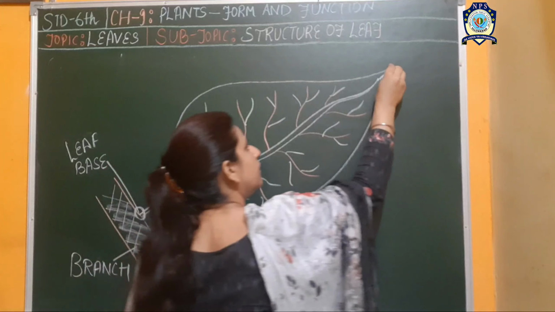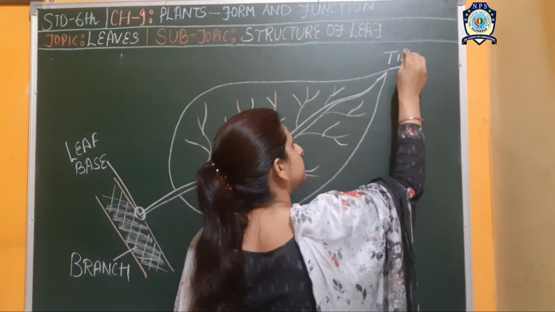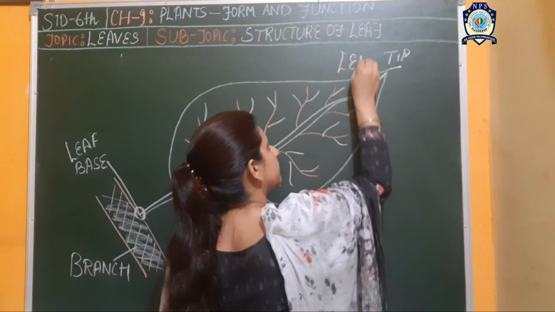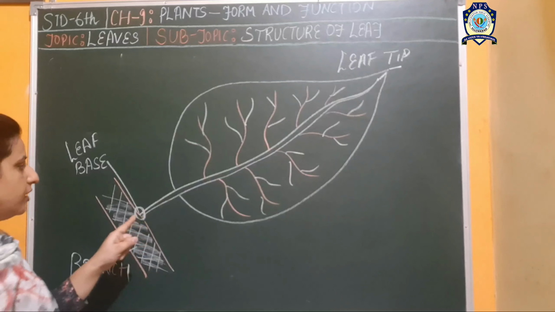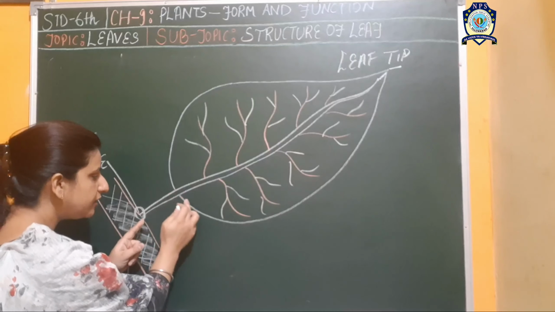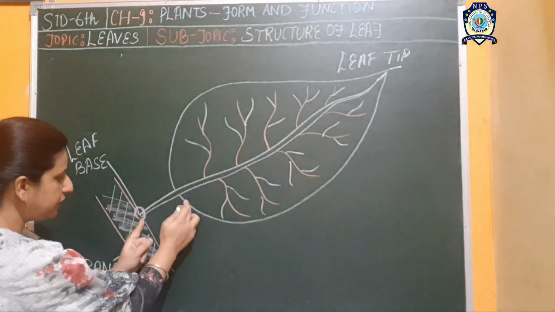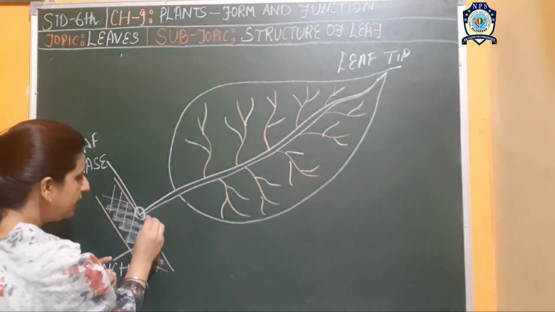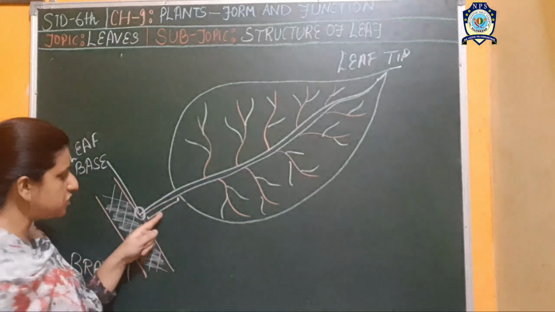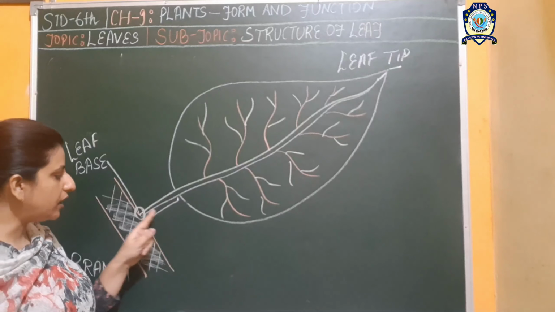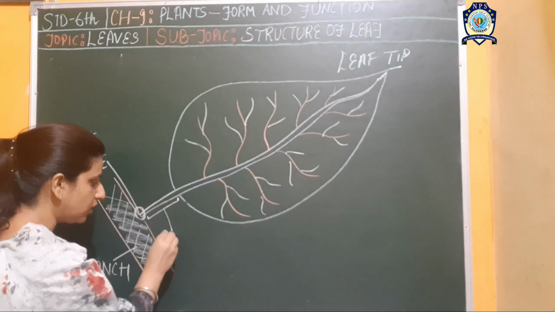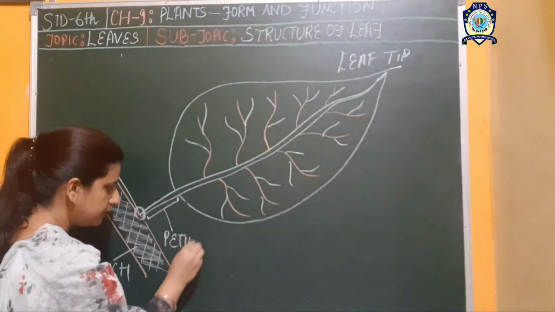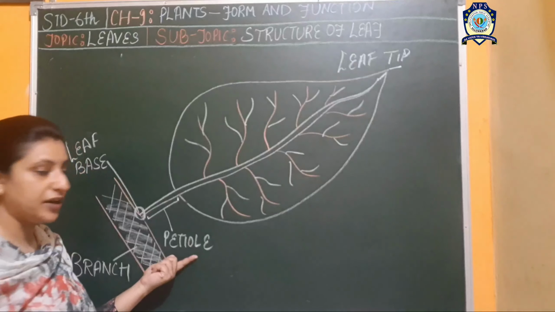So this is the tip of the leaf. Leaf tip you can write, this is the leaf tip. Okay, and the part from where the leaf starts and the part where the leaf base is present, there is a structure which helps the leaf to attach to the branch, that is called as petiole.